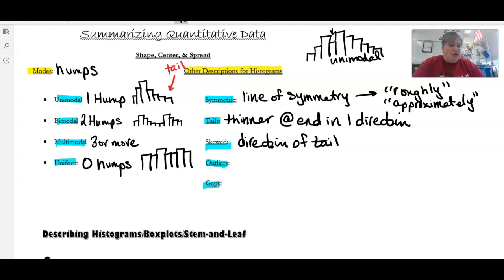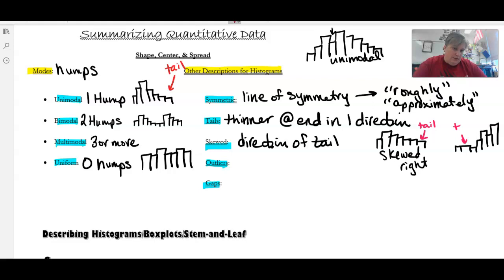So skewed is the direction of the tail. So this is skewed right because the tail is right here. And this one is skewed left because the tail is right here.